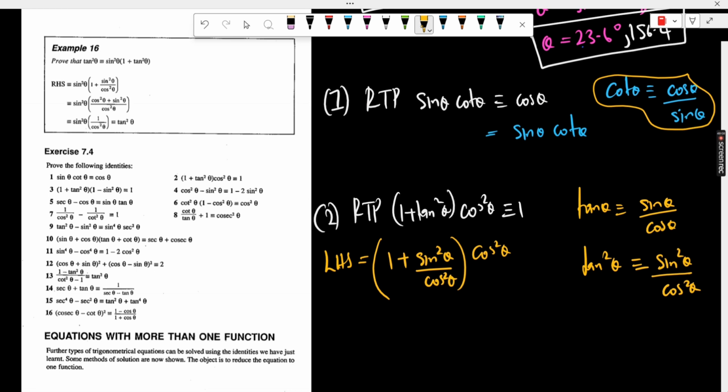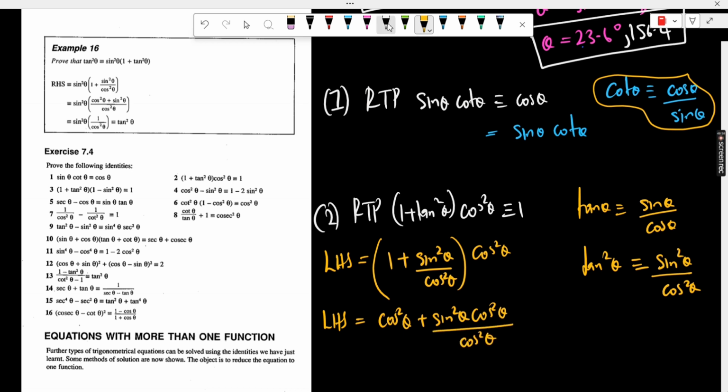Now, if I carry out my multiplication, everything inside the bracket becomes multiplied by cos squared theta. And so my LHS becomes 1 times cos squared theta, which is cos squared theta, and then plus sine squared theta cos squared theta over cos squared theta.